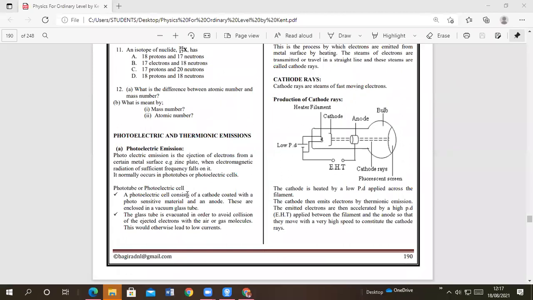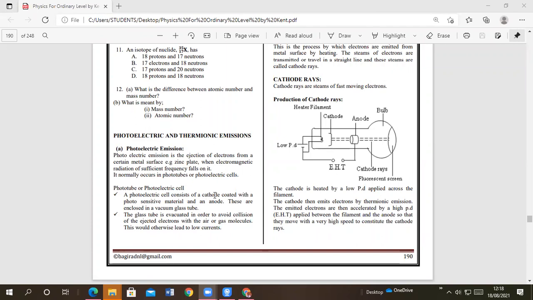So photoelectric cells or phototubes, how do they work and what are they? They say that a photoelectric cell consists of a cathode coated with a photosensitive material and the anode. These are enclosed in a vacuum glass tube. So there is a cathode inside.